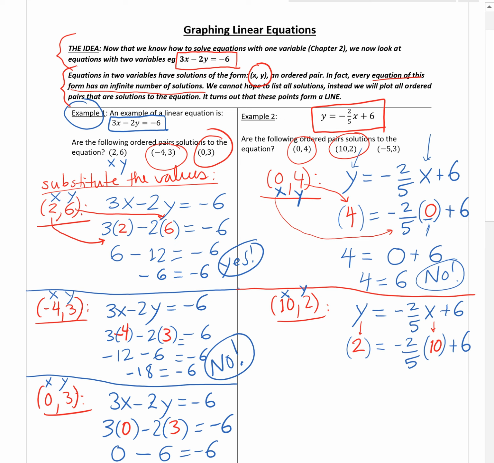Simplify this. On the right side, I'm trying to multiply -2/5 times 10, but I'm going to need to put that 10 over 1 if I want to see what happens with those. I'm not too happy about this because I don't like fractions as much as whole numbers, but I can reduce this. Notice that 5 goes into 10 twice.